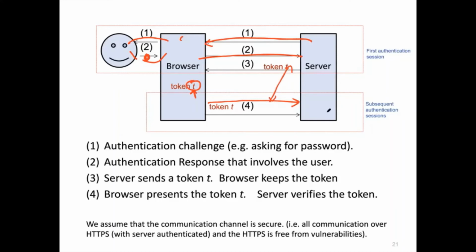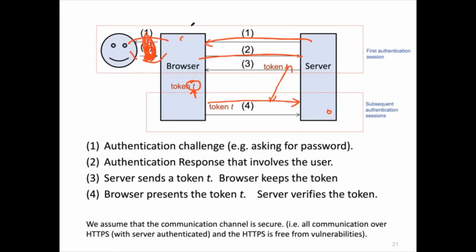Like in Facebook, when you first use Facebook on a new device, say a new laptop, you will be asked to log in. After login, a token is stored there. Subsequently, when you want to post a message in Facebook or post something in Instagram, the token will be automatically sent over.